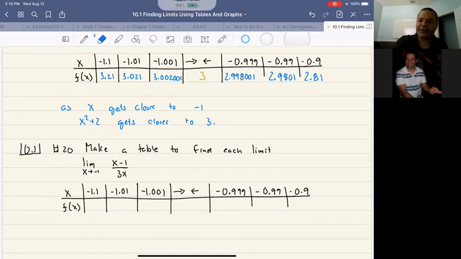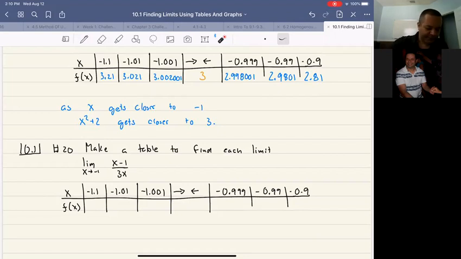Now we're going to do the same thing, but with this expression.